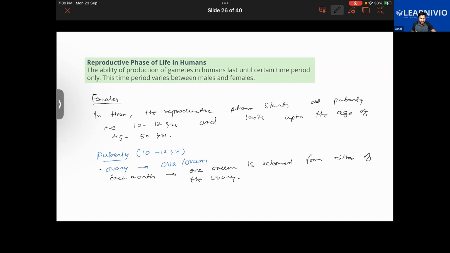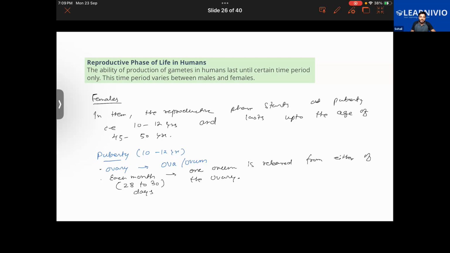Two. A pair of ovaries is there. So each month, basically every 28 to 30 days. Hope that much is clear so far.